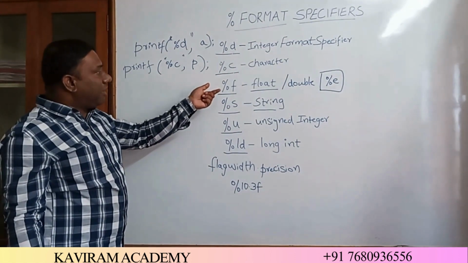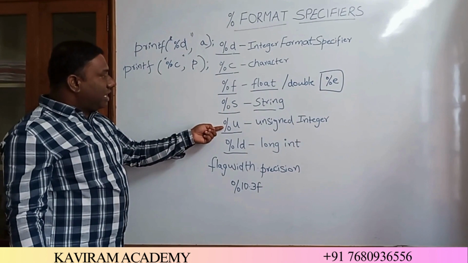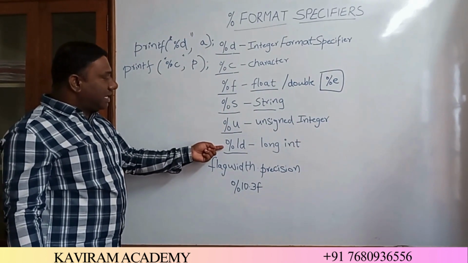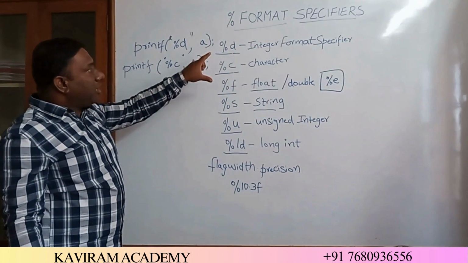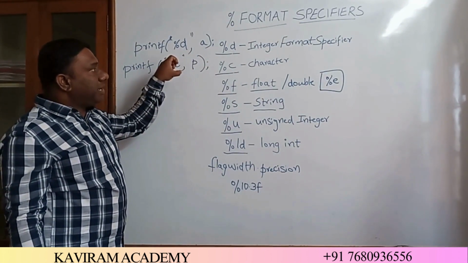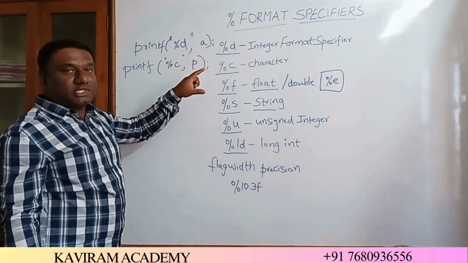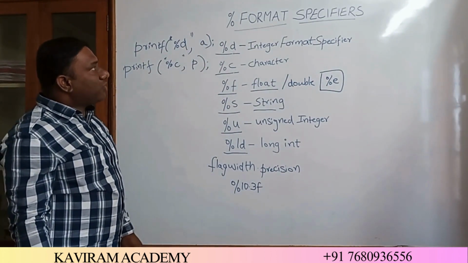Similarly, %f for float, %s for string, %u for your unsigned, and %ld is for your long integers. So depending upon which type of data you want to print on your output console in our C program, we use these format specifiers.